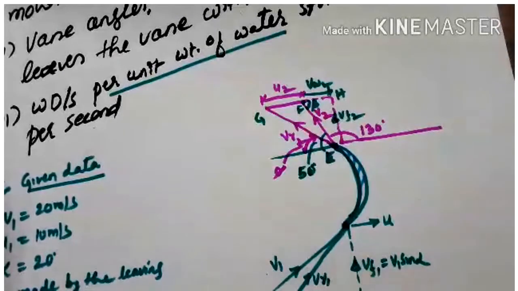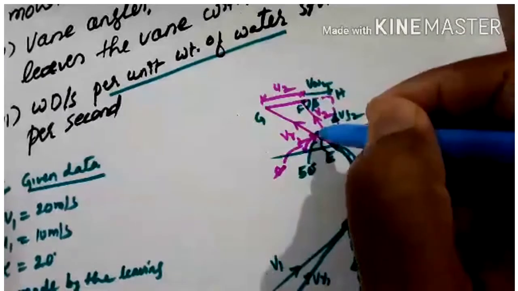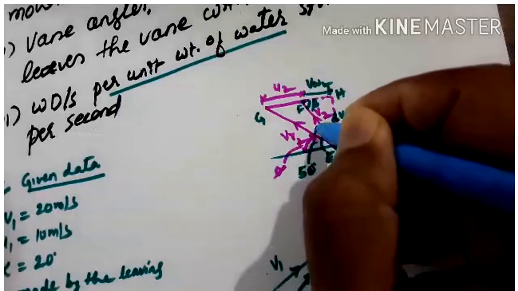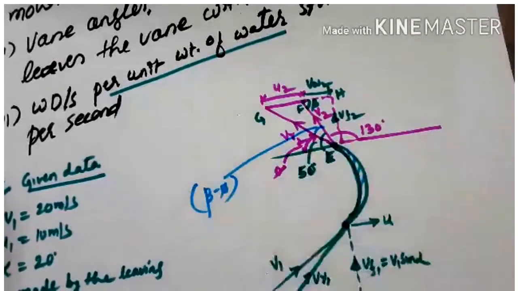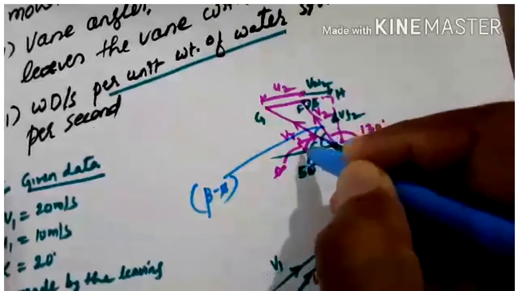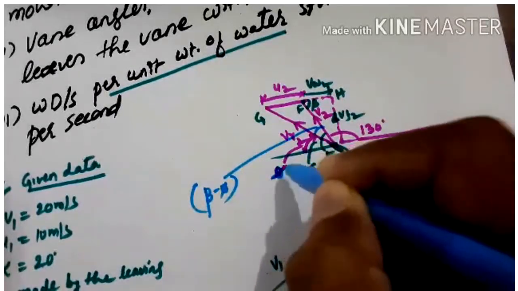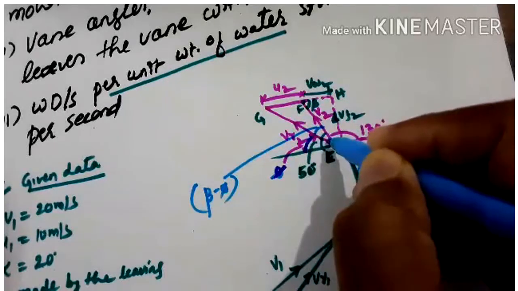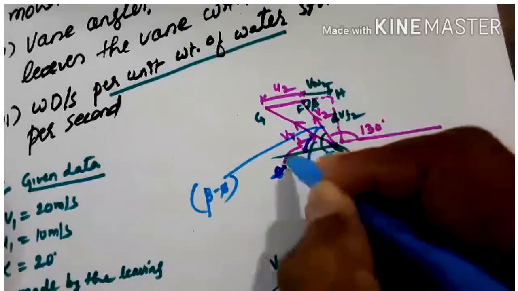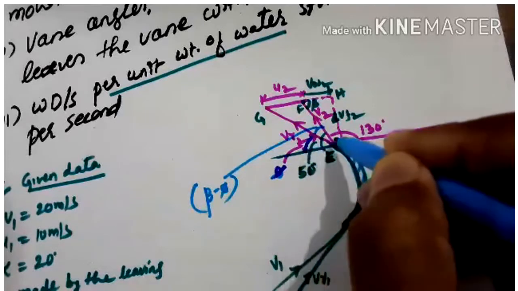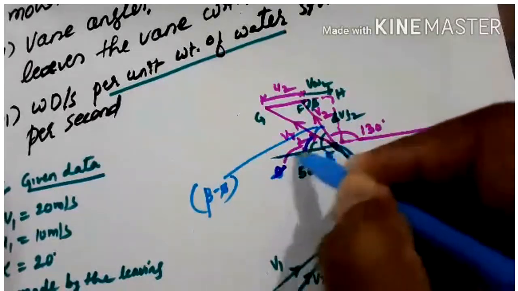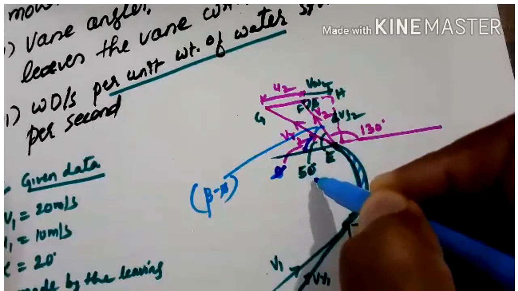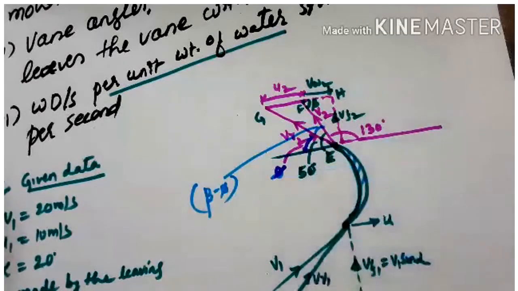VF2, and if you take this angle, that angle is beta minus pi, and this angle is pi. This one is only this much, the angle between VR2 and horizontal is pi, and the angle between V2 and horizontal on this side is 50 degree, because 180 minus 130 is 50 degree.